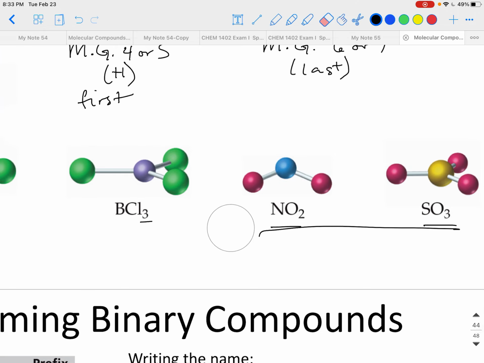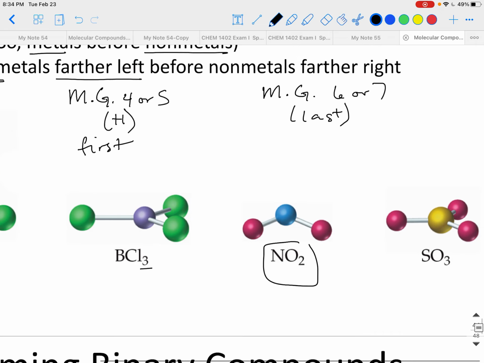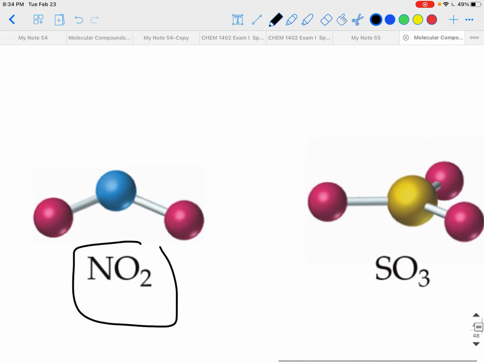Examples, like I mentioned here, we have 2 nonmetals for nitrogen dioxide. And because these are both nonmetals, nitrogen is further left and oxygen is further right. And so that's why we wrote nitrogen first, oxygen second. Okay? And then if you're looking at sulfur and oxygen, they're both in main group 6.